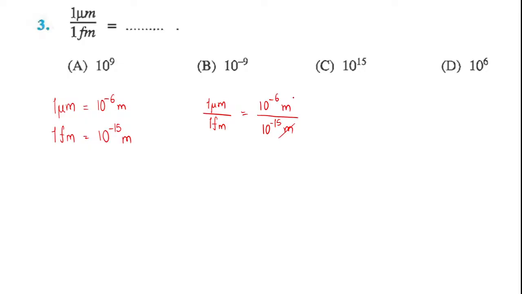Firstly, meter and meter cancel out, and it will be 10 to the power minus 6 plus 15. Everybody knows the answer: 1 micrometer upon 1 Fermi is going to be 10 to the power 9. That's your final answer. As per this, option A should be the correct option. I hope everybody is getting this.